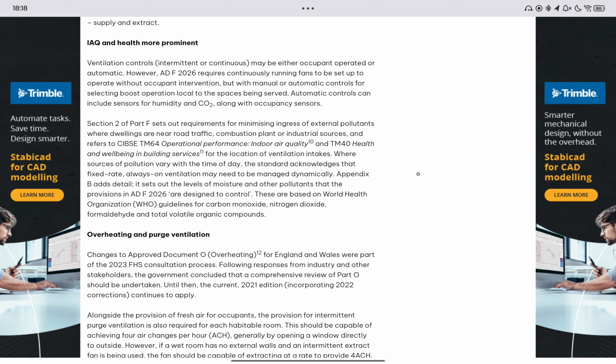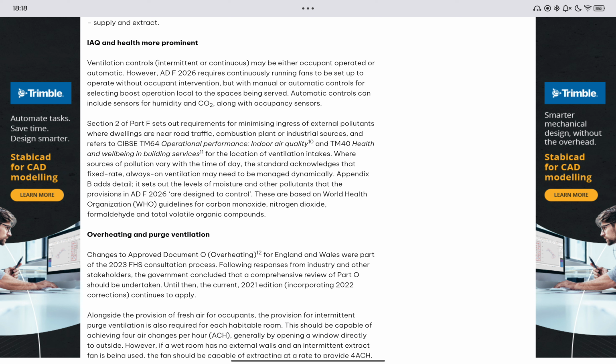Section 2 of Part F sets out requirements for minimising ingress of external pollutants where dwellings are near road traffic, combustion plants or industrial sources, and refers to CIBSE TM64 Operational Performance Indoor Air Quality and TM40 Health and Wellbeing in Building Services for the location of ventilation intakes.